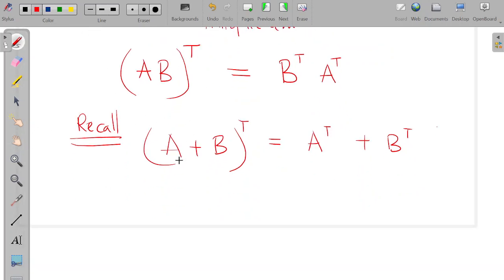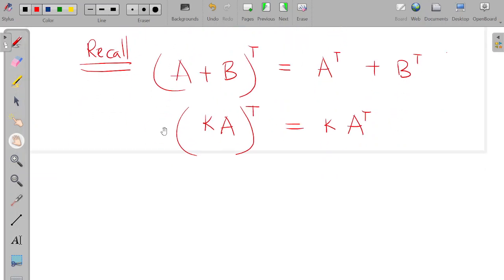And you recall also, if I have a scalar multiplying a matrix and then we have that transpose, it is the same thing as this. Okay, that is for when a scalar is multiplying a matrix. So we have it like this.